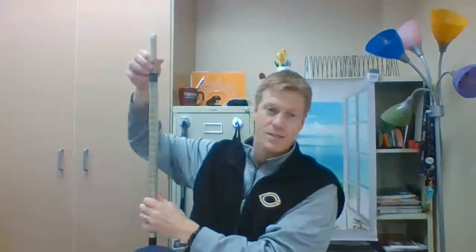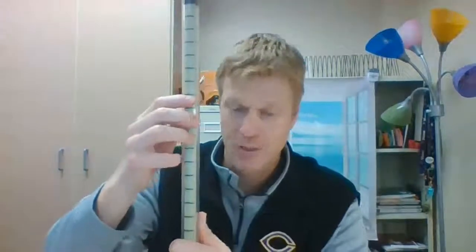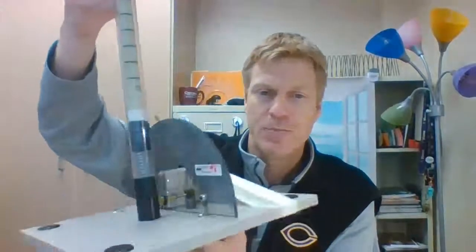We have a plunger that goes up and down, and it's got different numbers on the plunger. If I can get closer here, you can see the numbers, and that tells us how high to raise the plunger. So if we drop it, it's a scaled level, and we can have different increments as far as how much force is being applied to this. Now, when it comes down, I'll show you the backside.